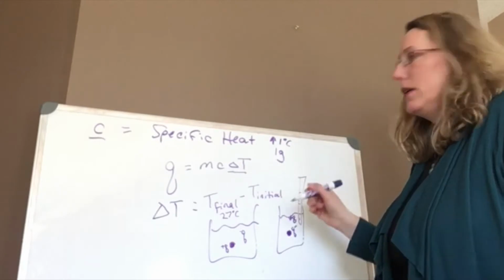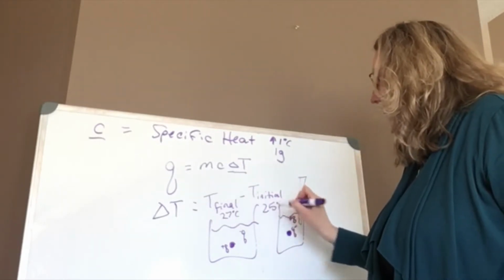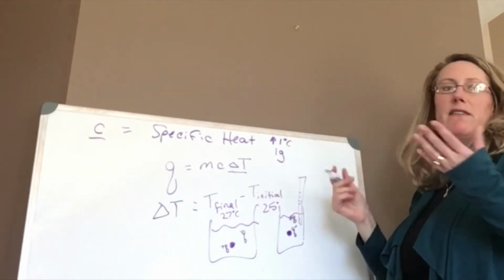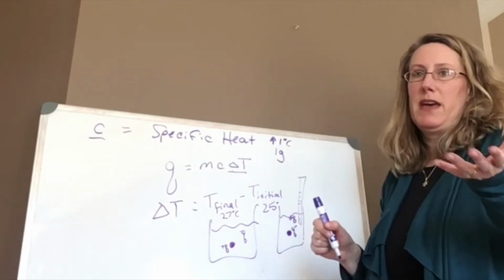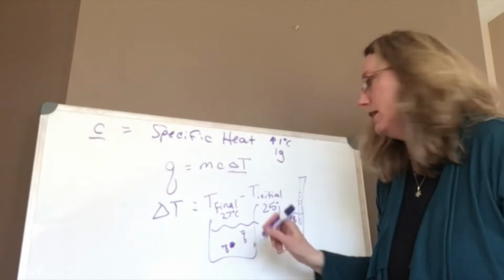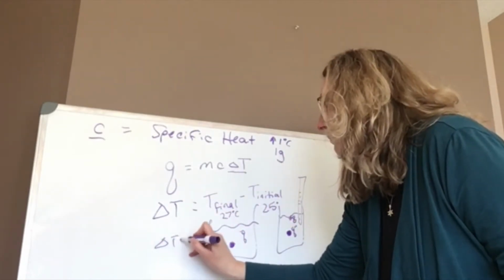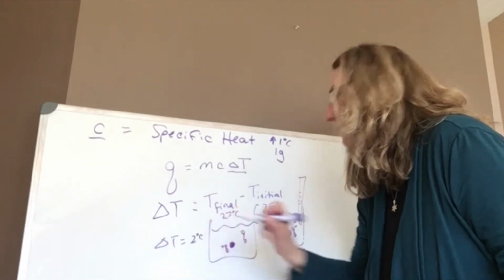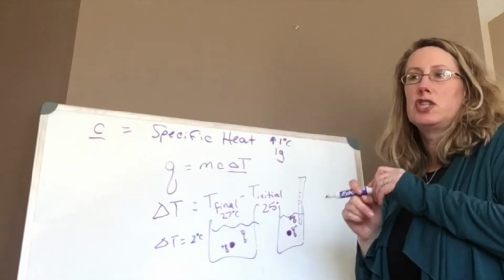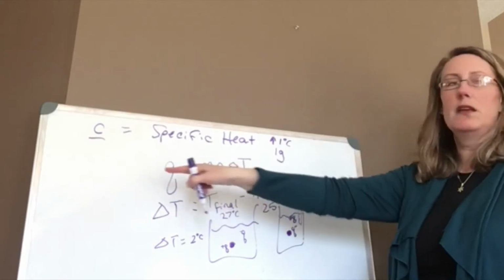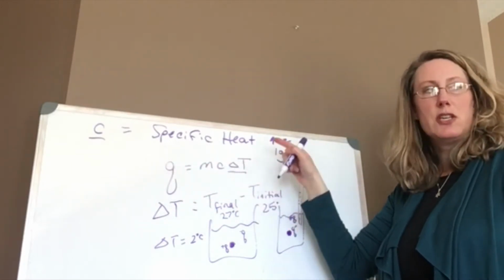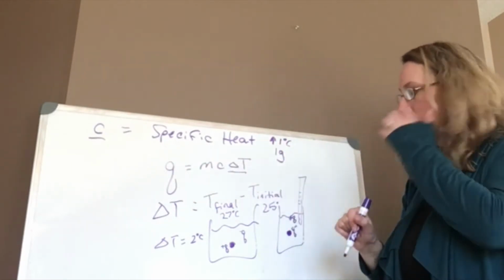Let's say it started out as 25 degrees C. So 27 minus 25, that means the change in temperature would be, math is super hard on this, 2 degrees C, right? We'll see how much yours changes when we get over there. But just so you know, your delta T in this equation is change in temperature, okay?